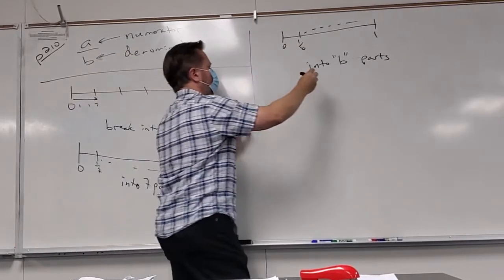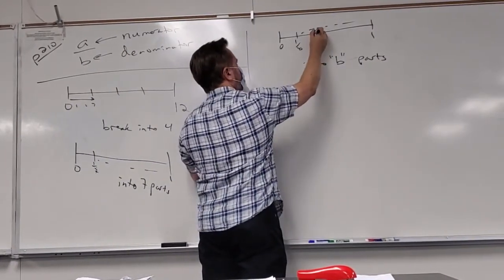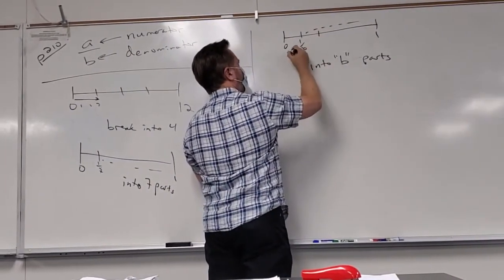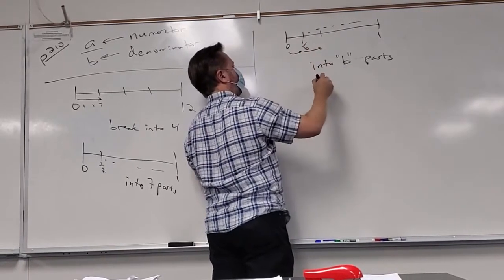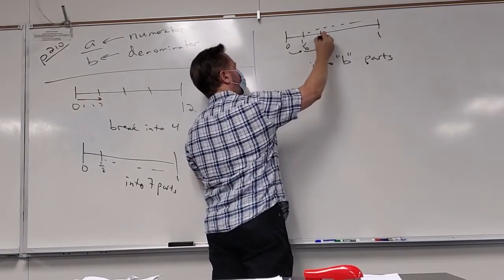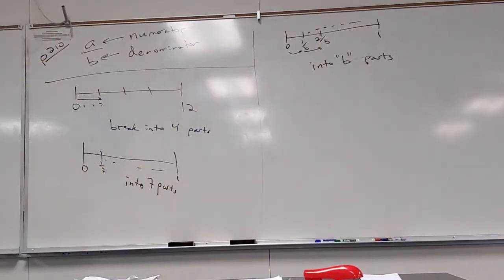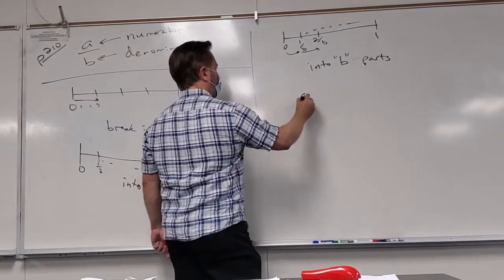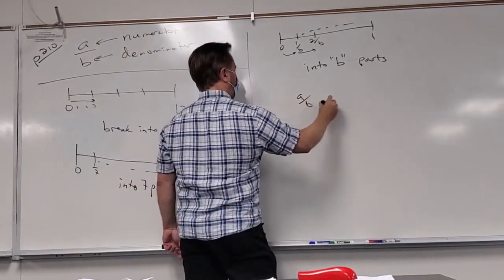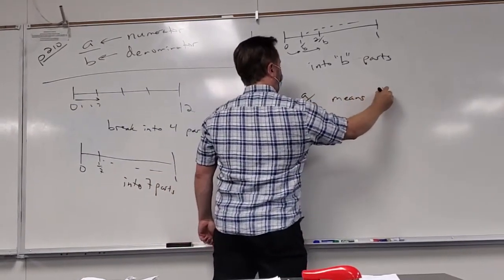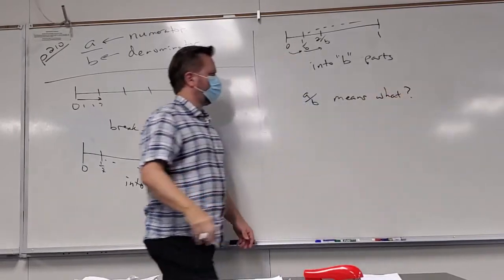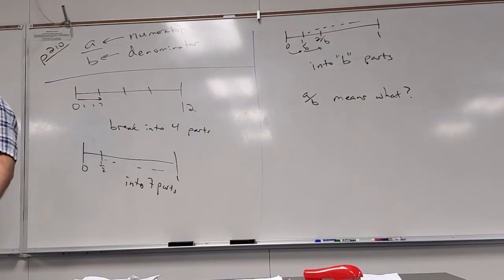So what would this be? Yeah, because I've taken 2 steps. Each step is 1 over B. So 2 1 over B's is 2 over B, right? And so forth. So what does A over B mean in this context?